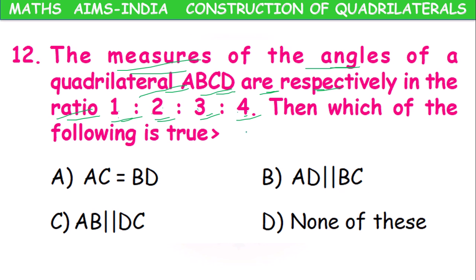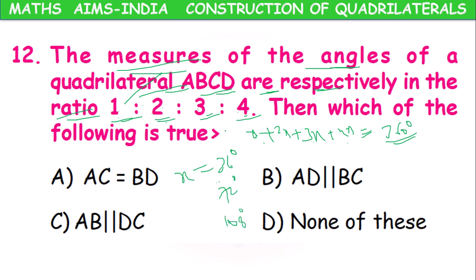Then the sum of all the angles, x plus 2x plus 3x plus 4x, equals 360 degrees, since the sum of all angles in a quadrilateral is 360 degrees. x plus 2x, 3x plus 3x is 6x, plus 4x is 10x. 10x equals 360, so x equals 36 degrees. One angle is 36 degrees, another is 72 degrees, another is 108 degrees, another is 144 degrees.